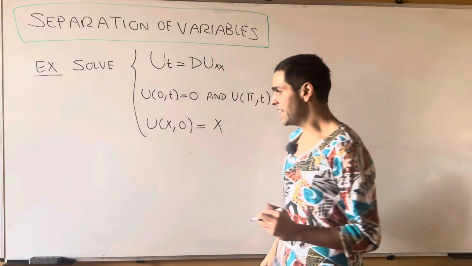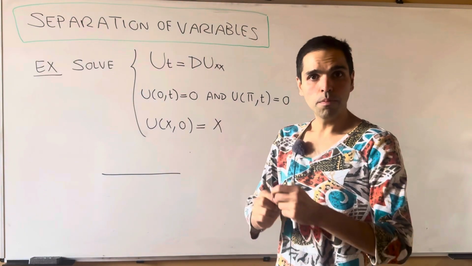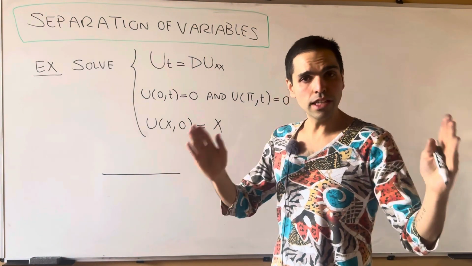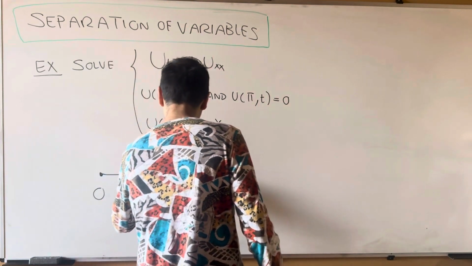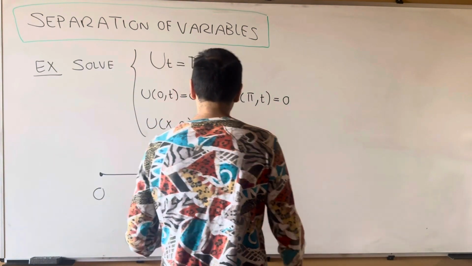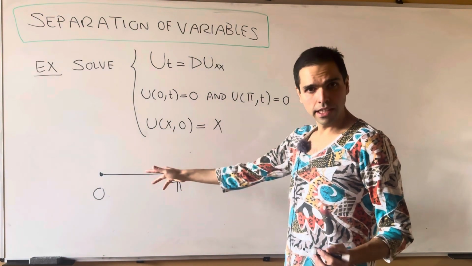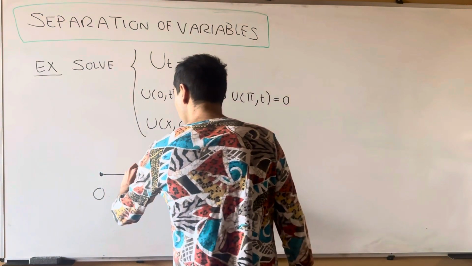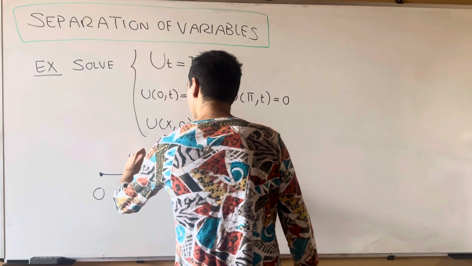So what's the scenario here? We have a metal rod, but not an infinite one. This time, a rod of length pi, so between 0 and pi. And what we want to do, we want to figure out the temperature of that metal rod at time t and position x.